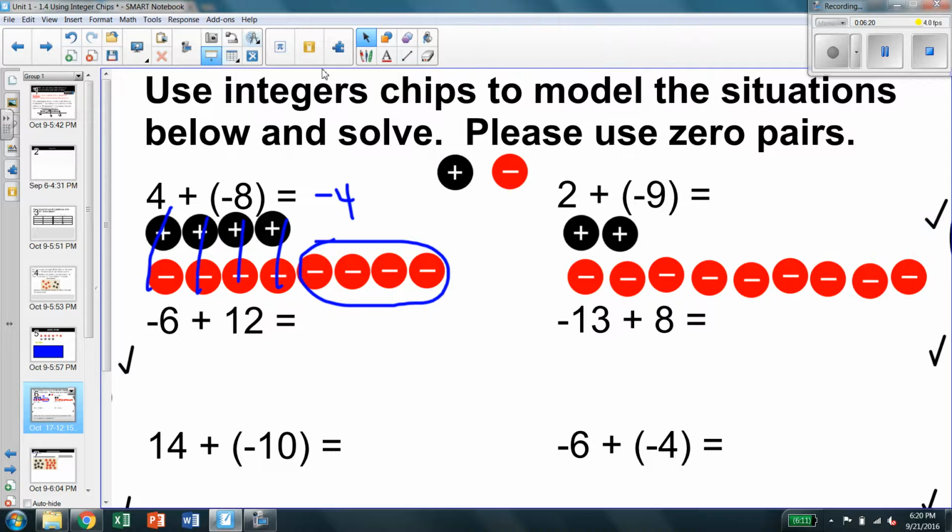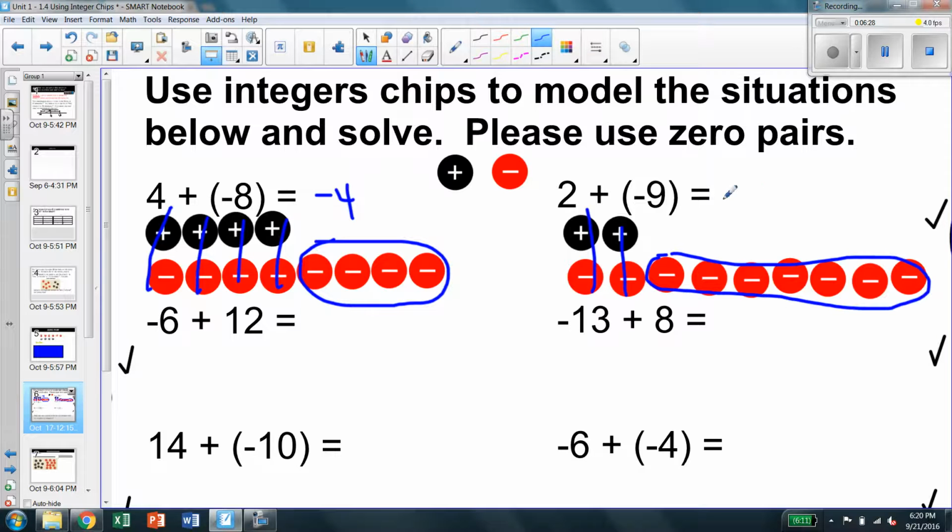Okay, these ones are going to cancel each other out, or 0 out, 0 pair, 0 pair, and we're left over with 7 negatives. Now you should start to notice, we started with more negatives here, so our answer was negative. We started with more negatives here, our answer was negative. Maybe we're starting to see a pattern.